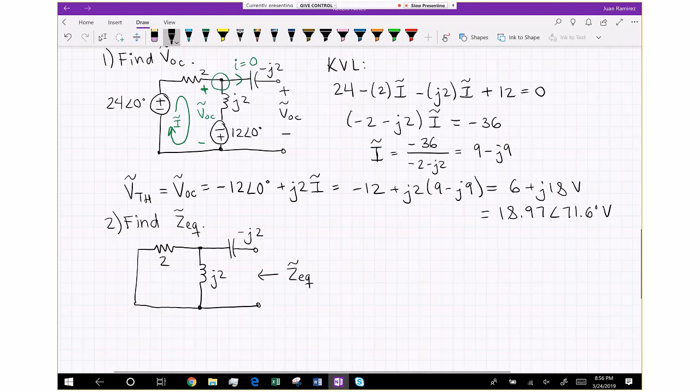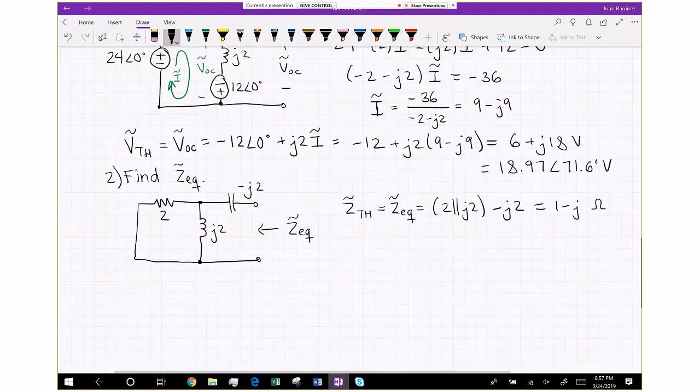The Thevenin impedance is going to be equal to the 2 ohm resistor in parallel with the J2 inductor, and then that in series with the negative J2 capacitance. When you work that out, you should get 1 minus J ohms.